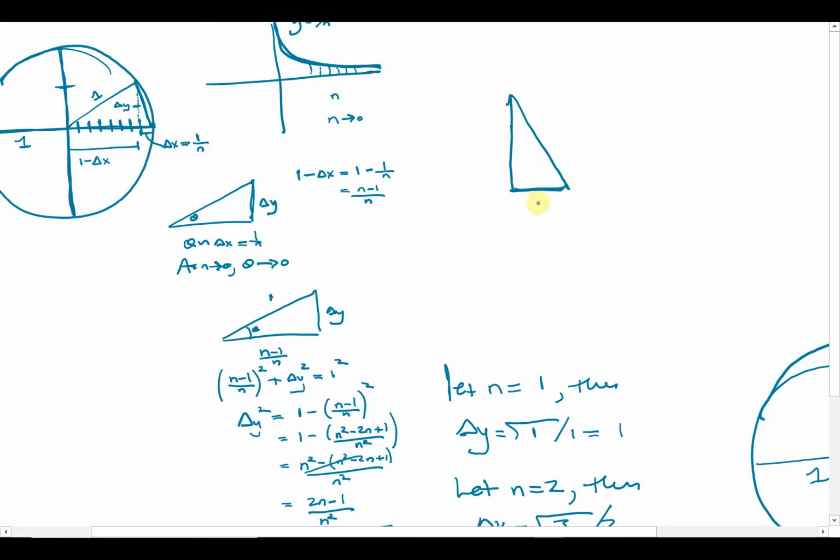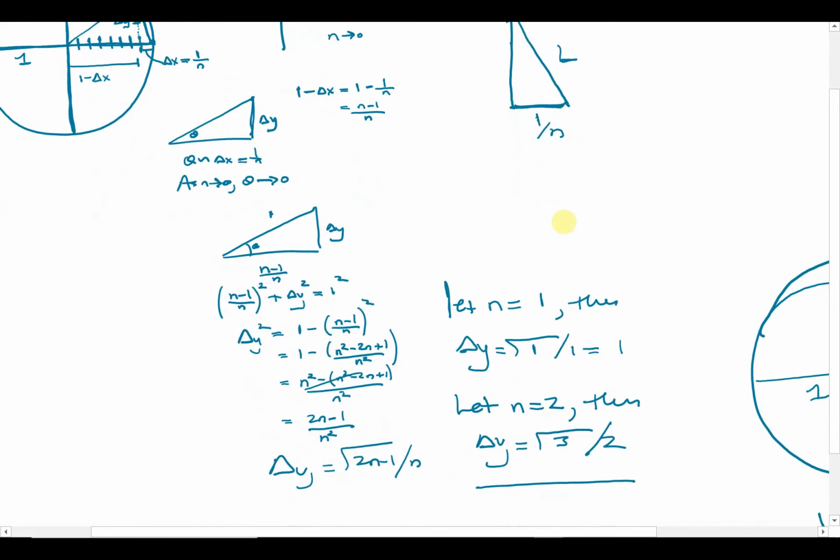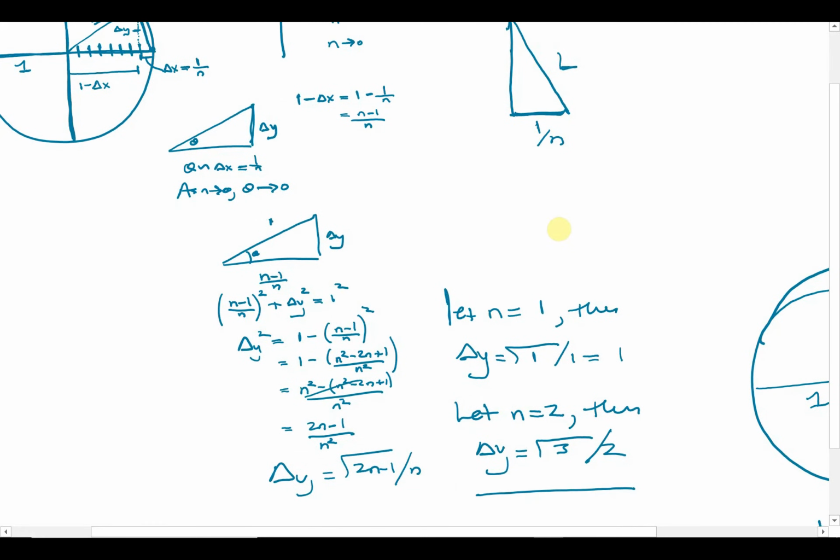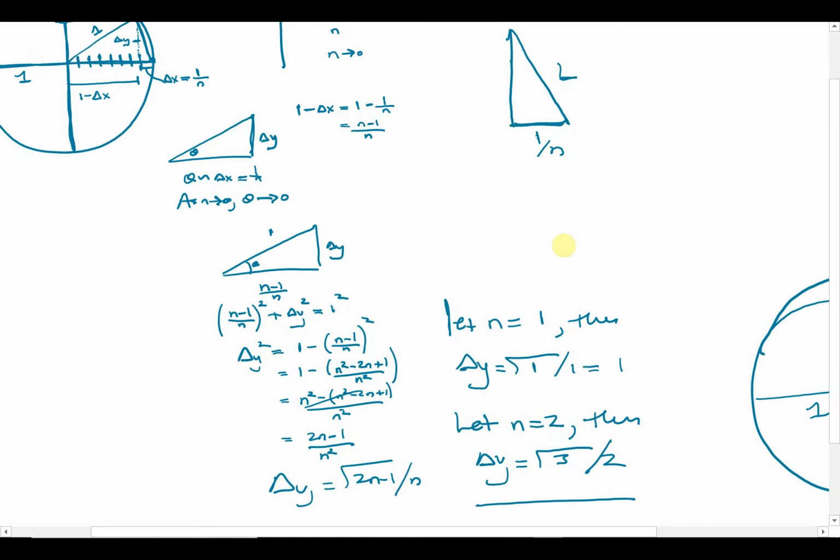We have 1 over n. This is length, and we have delta y equals root.